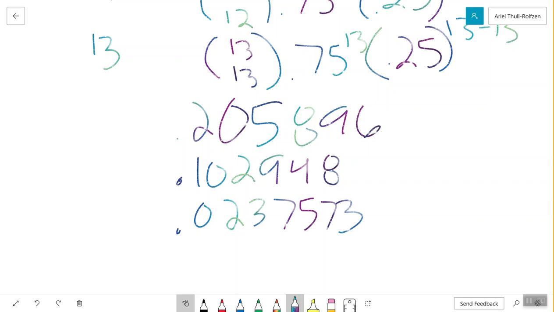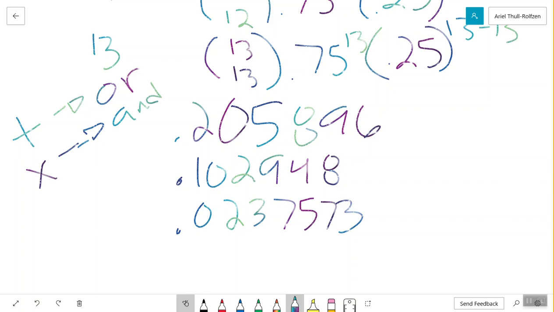Now, this is a similar thought process to what we talked about for the Poisson video, where when we're going to do addition, we're looking for OR, and multiplication, we're looking for AND.